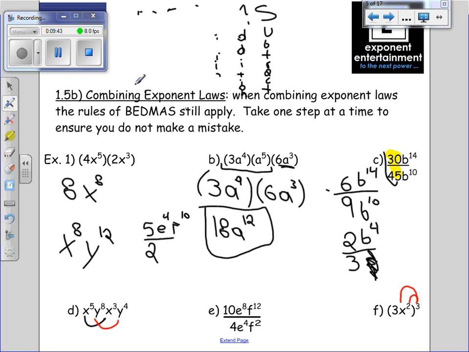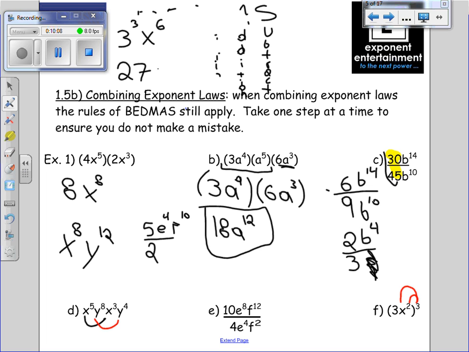So it'd be 3 to the power of 3, and then x to the power of, what Michael said, 6. But it's 3 to the power of 3, not 3 times 3. What's 3 to the power of 3? 27. So your final answer is 27 x to the power of 6.